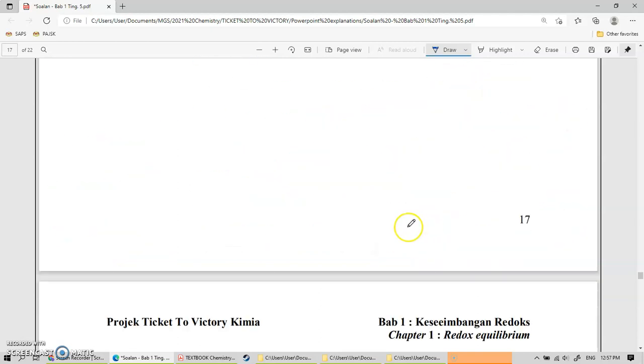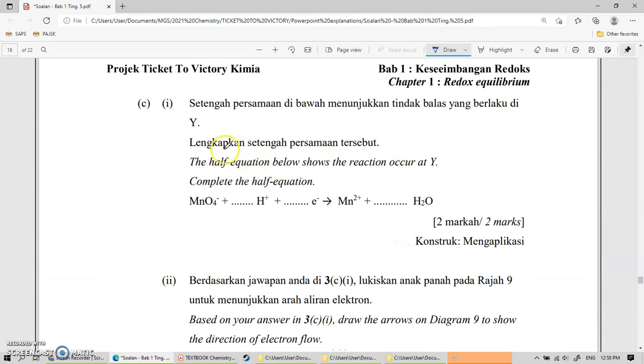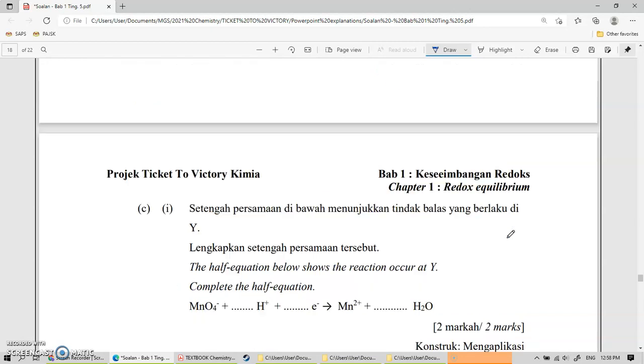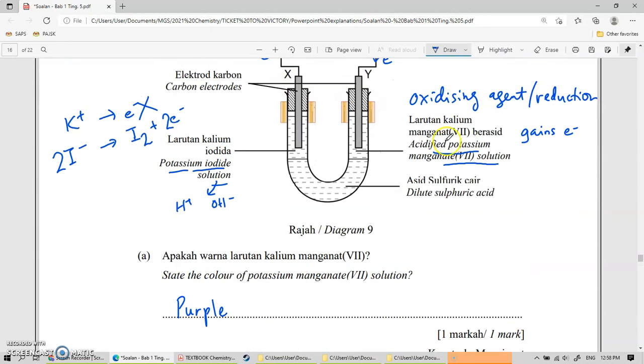Next question, they're asking for the half equation at Y. At Y we have KMnO4, potassium manganate 7 solution. The K doesn't take part in the reduction; it is the manganate ion that takes part in the reduction reaction, and then it becomes manganese ion.